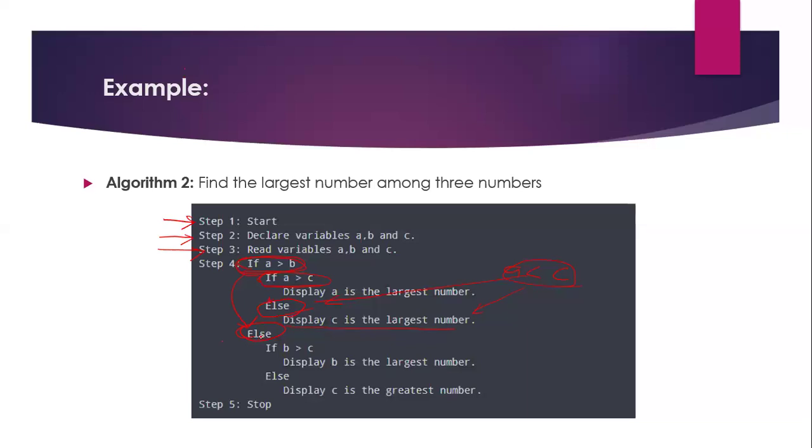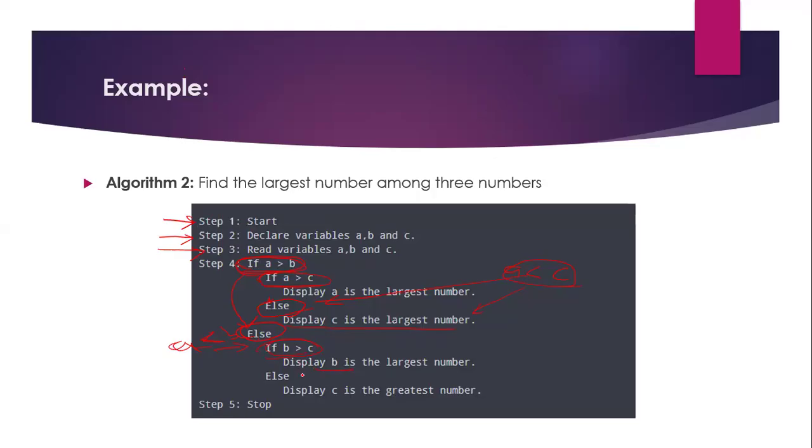So else means what here? A is less than B. So A is less than B and B is greater than C. What is the largest number? B is greater than A and also in here B is greater than C. So the largest number is what?